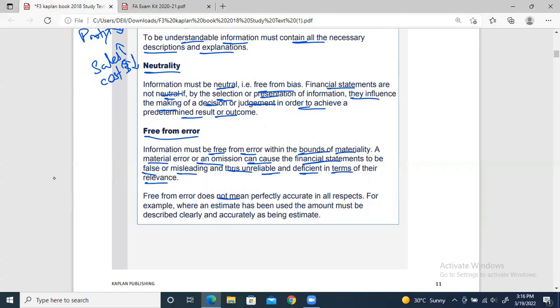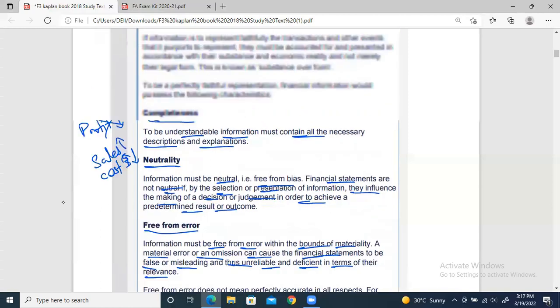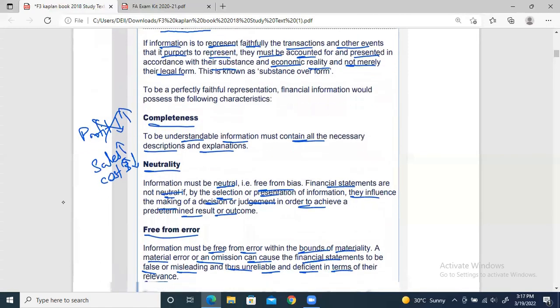Free from error does not mean perfectly accurate. Obviously, nothing is perfectly accurate in this whole world. There can be small kinds of mistakes. For example, where an estimate has been used, the amount must be described clearly and accurately as being an estimate. Okay, so these three things need to be in which quality? The faithful representation.